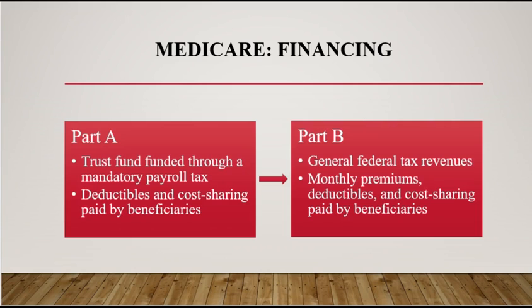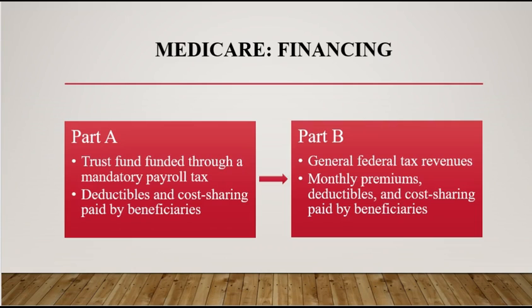Now, Part A covers inpatient services for acute care hospitals, psychiatric hospitals, inpatient rehabilitation facilities, skilled nursing facility services, home health visits, and hospice care.